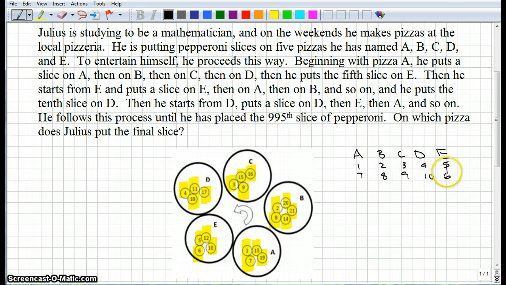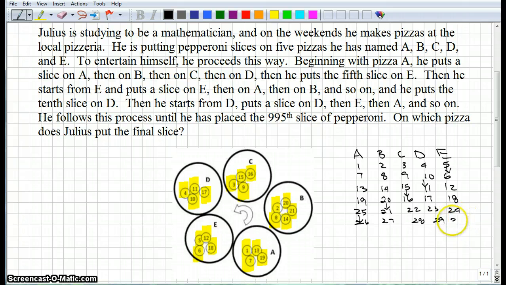I'm going to mark these. So 10, he puts the 11th slice on the same pizza, and then 12, 13, 14, 15, and he does the little stutter thing. 16, 17, 18, 19, 20, okay, 21, 22, 23, 24, 25, stutter, 26, 27, 28, 29, 30.